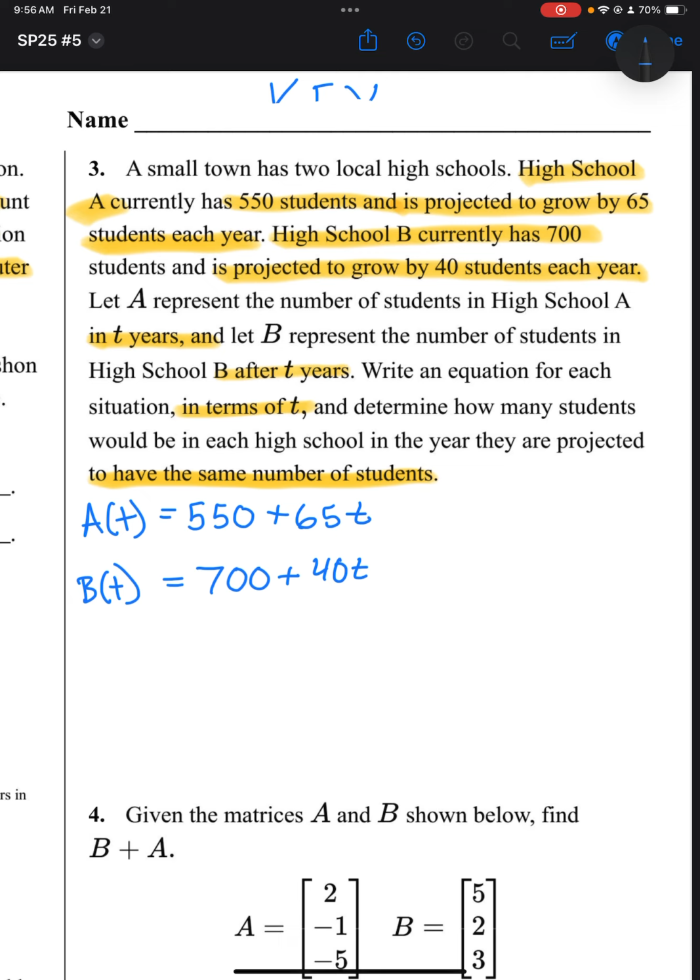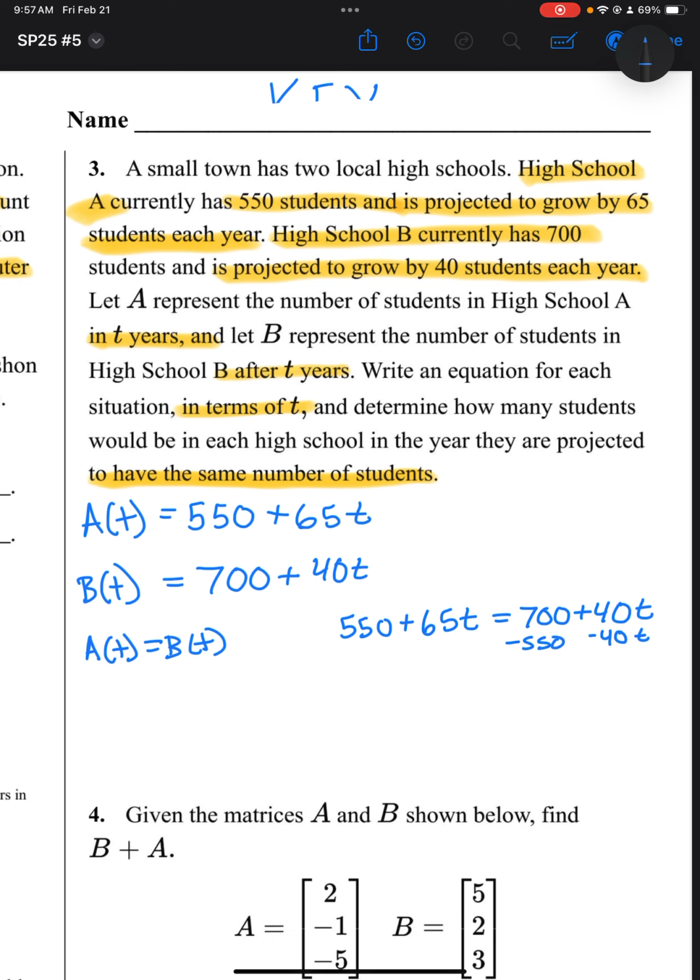So that right there is the two equations that you're going to need. They're wanting to find out when A of T is going to equal B of T, or basically when they're going to have the same amount of students. So let's solve that. So we're going to have 550 plus 65T, which is our A, equals our 700 plus 40T. Now I'm just going to do this in one step just because I don't have enough room.